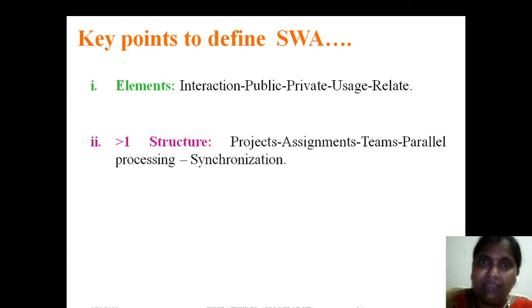For example, in my team I have 50 members, but all will not become one team. 10 members may become a team, some other 10 may become another team, like that. So, parallel processing. What is parallel processing? Parallel processing is doing the work at the same time. Here also we can define based upon that. For example, I want to do a project. Collecting software requirements and hardware requirements can be done in parallel.